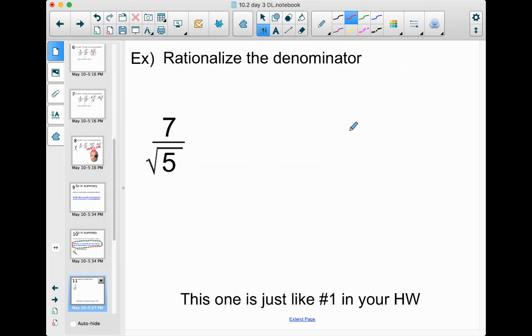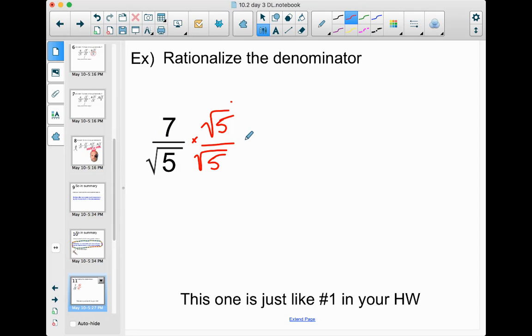So here we go. Rationalize the denominator here. Okay, there's an issue because I have square root of 5 in the denominator. So I am going to take care of that right now by multiplying this fraction by the square root of 5 over the square root of 5. And I picked the square root of 5 because that's what was in the denominator.